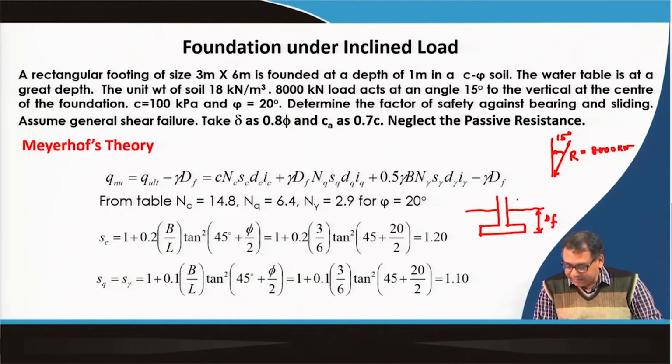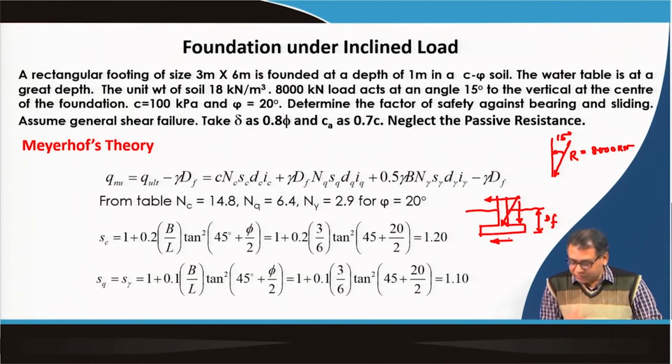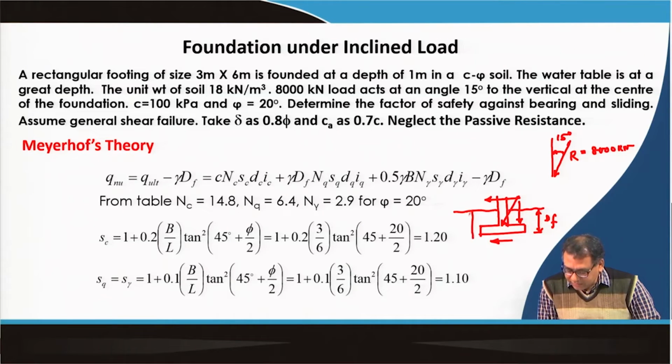So, the load is acting at an angle, it is inclined, so it has two components, one is the vertical component and another is the horizontal component. This horizontal component will try to push or slide the foundation from right to left. So, the soil in this zone basically will give you a passive resistance.